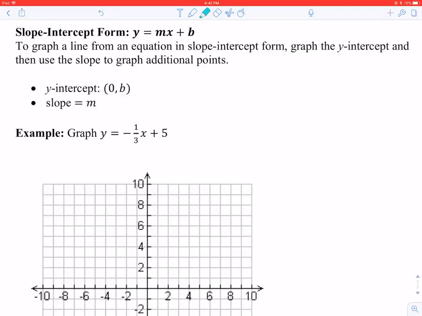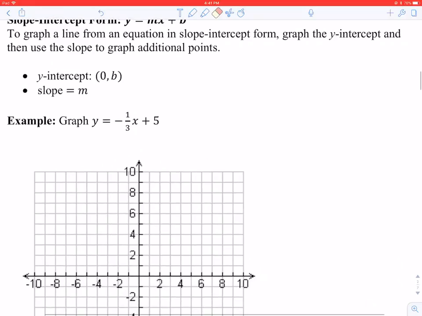If we were to find the y-intercept, we would set x equal to 0, and then solve for y. Well, if we make x equal to 0 for an equation in slope-intercept form, we just end up with y equals b. So that's why the y-intercept ends up just being (0, b), whatever b is. And then the slope is m.